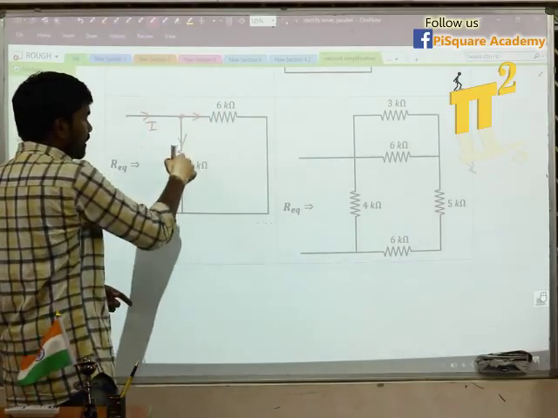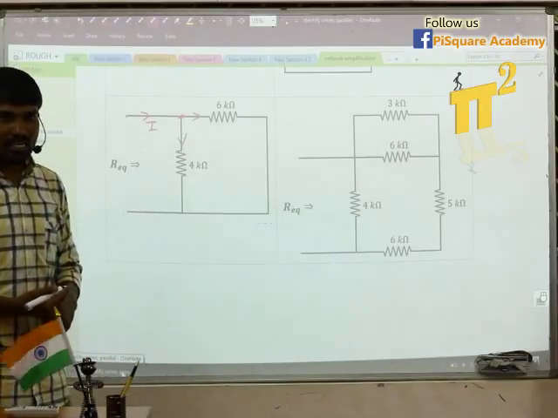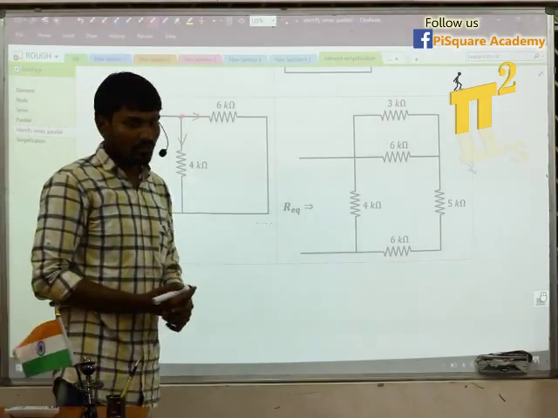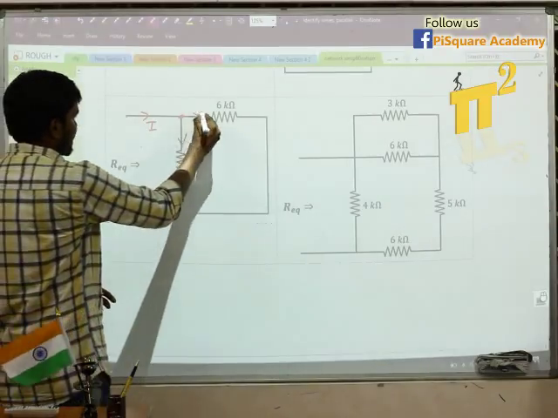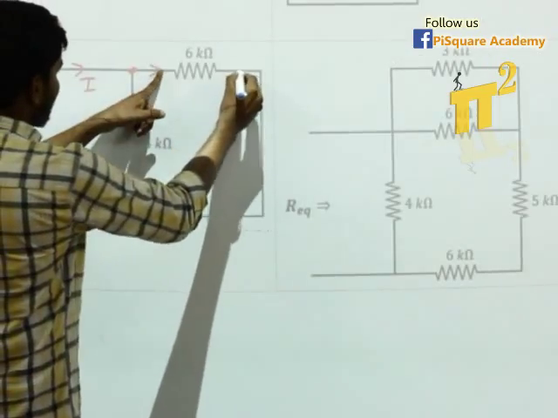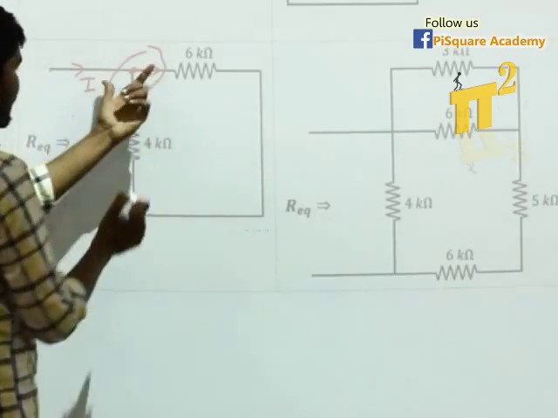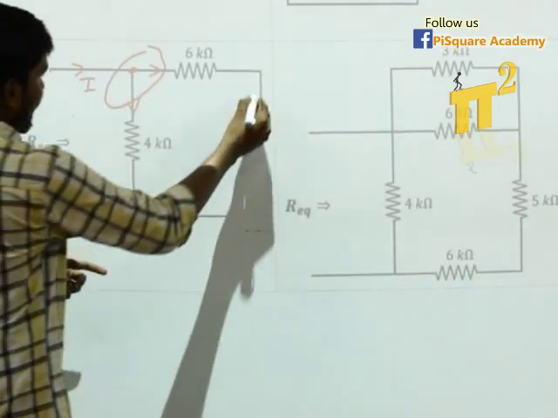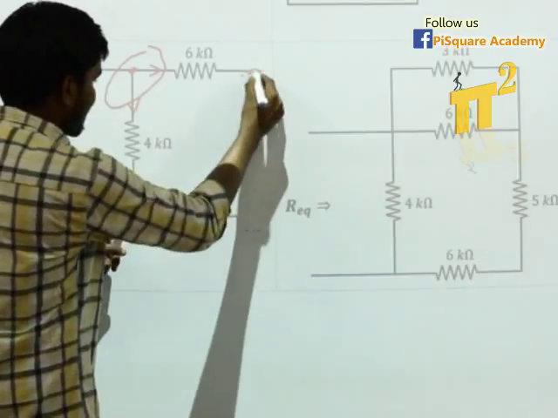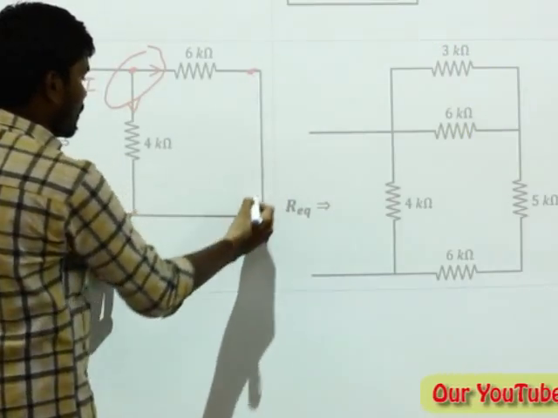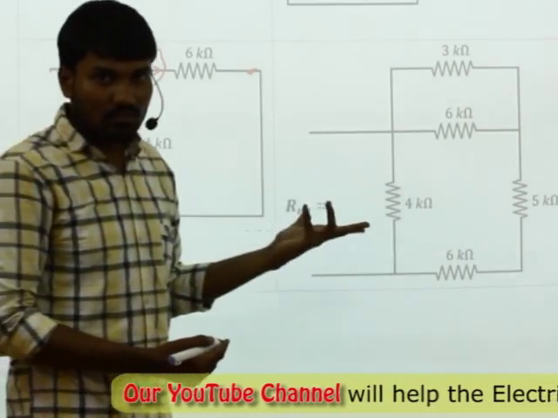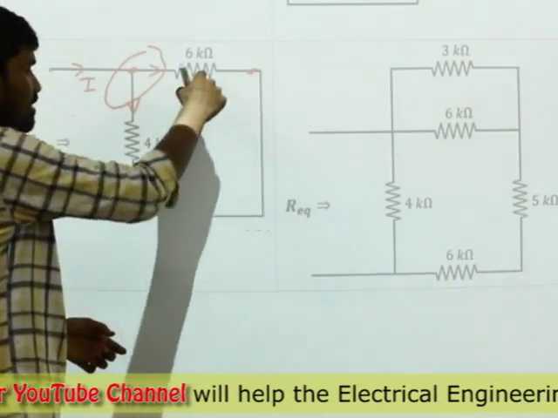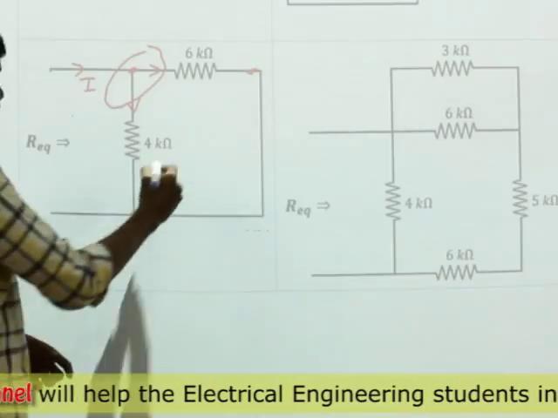As current gets divided, first condition of parallel is satisfied. Let's check the second condition. They must share the same nodes. Yes, this has 2 terminals. We have a node here which is common, and this is also the same, there is no element in between. So they are sharing the same nodes. So these two are said to be in parallel.